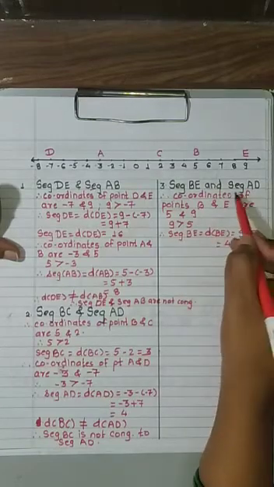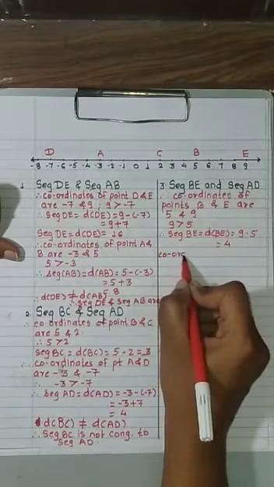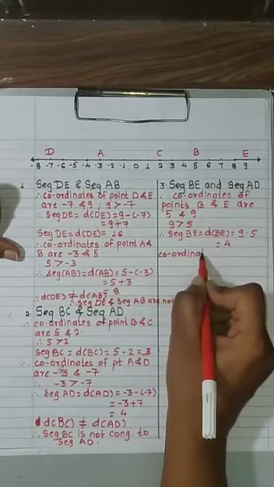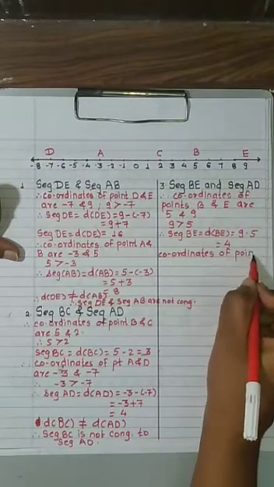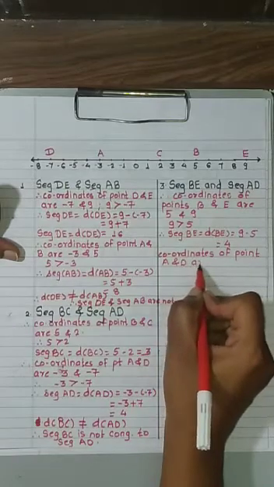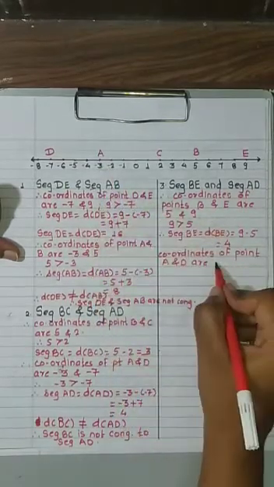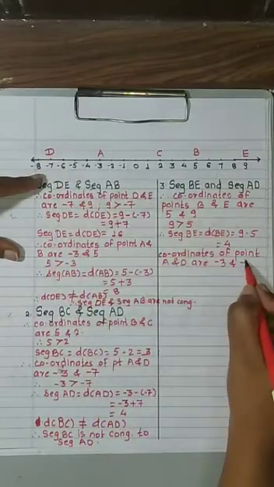Now let us write down the coordinates of A and D. Coordinates of point A and D are, now you can clearly see A is minus 3 and D is minus 7.